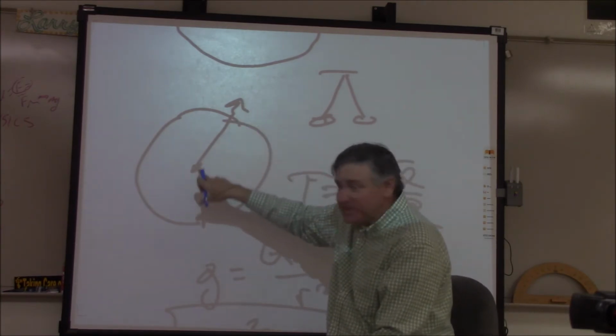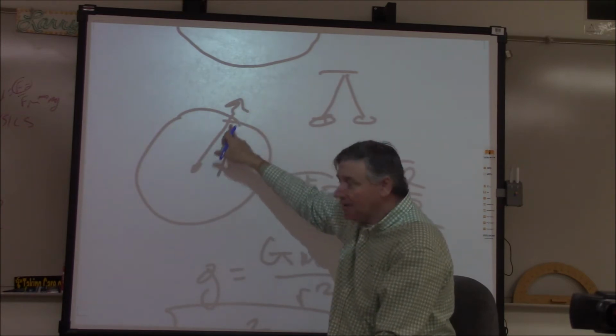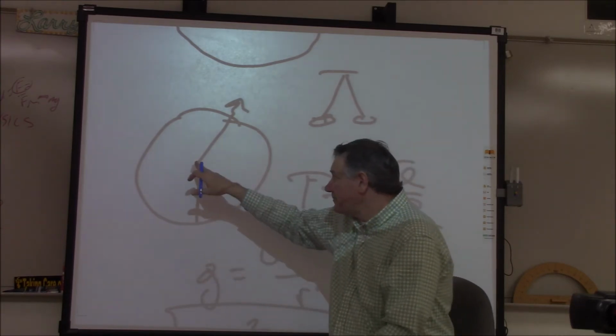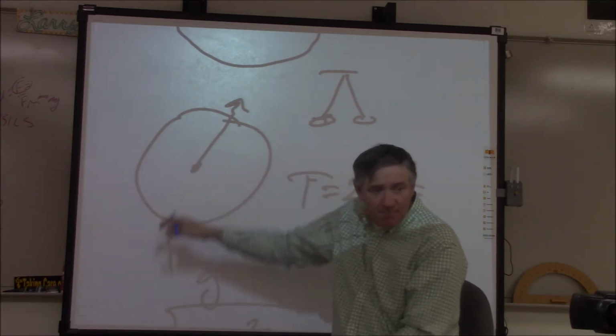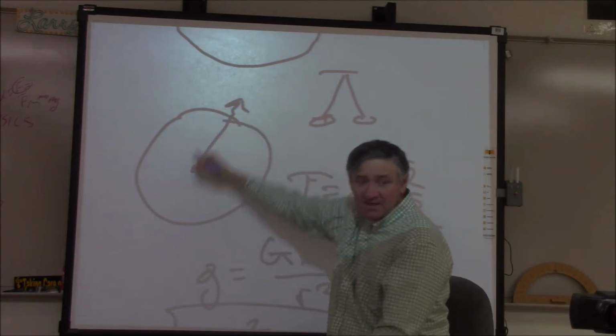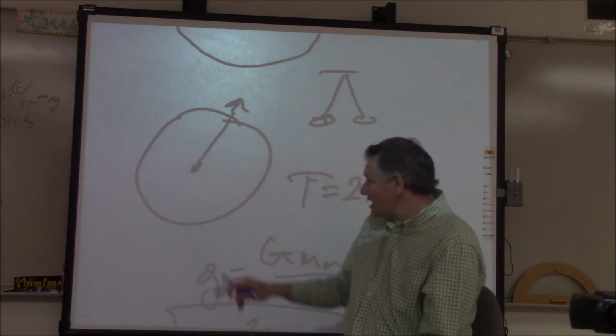Okay? Listen to me. It's from the center out. It is not the surface distance. And that whole idea comes from the idea that you're going to treat the Earth as a point mass, and it's just like I've got a point mass here, and I've got another point mass out here. So listen to me. Any radius has to be from the center.